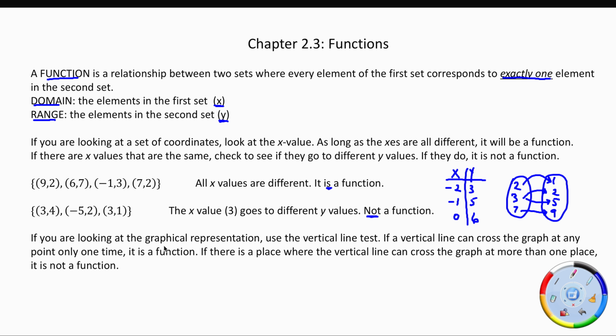If we're looking at a graph, we have something called the vertical line test. So let me put a few graphs up here. Bear with my drawings, of course.